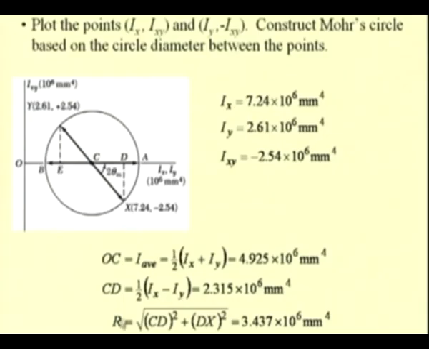So, from this we determine this radius as 3.437 into 10 to the power of 6 mm to the power of 4. So, on this diagram we construct a circle with center at this distance, that is 4.925, and with the radius of 3.437. So, this is the corresponding circle.